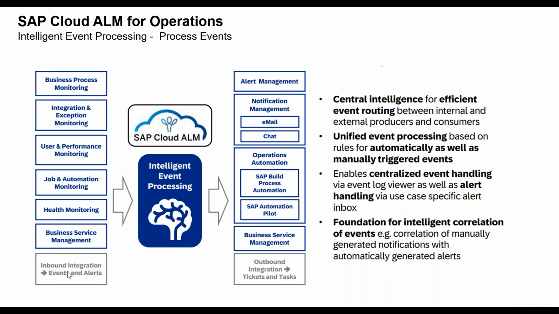So you could either manually trigger events, or you could automatically have these events, for example, trigger an email, or if you have a third-party incident tool, you could automatically raise it into that incident tool, and then have some type of integration where once you fix that issue, it will automatically close those issues within Cloud ALM, within the intelligent event processing as well.